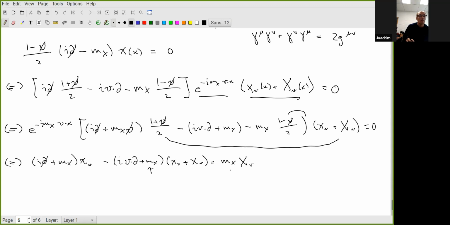This term cancels against this term, and this whole thing simplifies to (i d-slash plus m_chi) chi_v, minus (i d-slash minus i v dot d) chi_v, minus (i v dot d plus 2 m_chi) capital Chi_v equals 0.